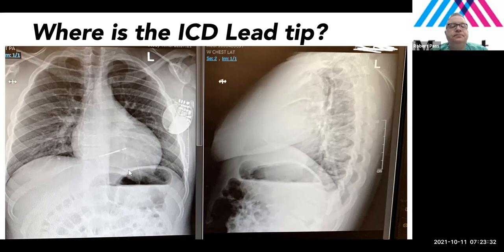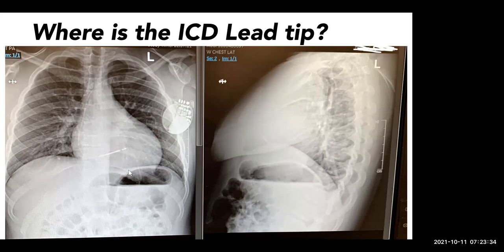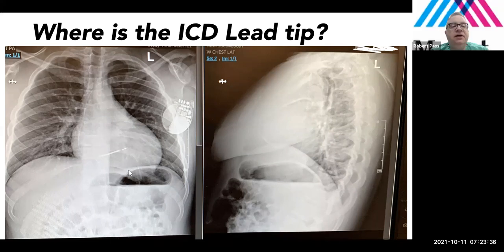Like what? Effusions. Right. Definitely, you could have a hemothorax or a pneumothorax. In this case, looking at this film, there is no hemo or pneumothorax. Do you have any thoughts on why this patient was at very minimal risk for that based on the course of this wire?